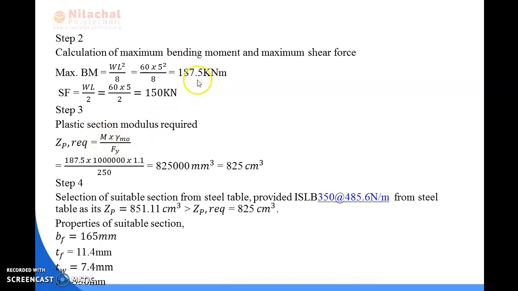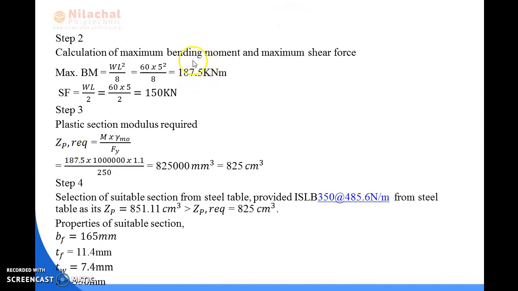Remember one thing: the unit of the maximum bending moment is kilonewton meter, so while putting the value we have to convert it into Newton mm. To do that, we multiply 187.5 kilonewton meter by 10 to the power 6.